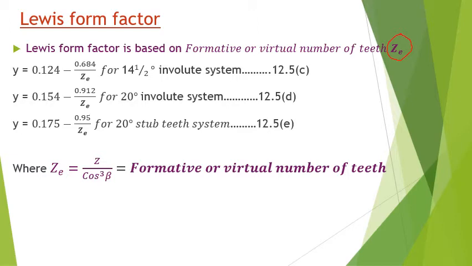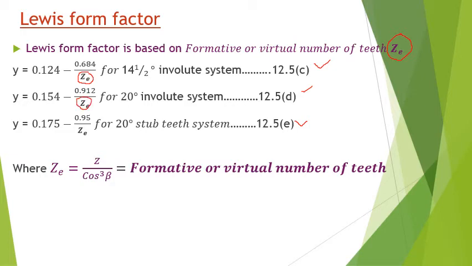So here the equation number 12.5c, 12.5d and 12.5e respectively are given for the 14.5 degree involute system, 20 degree full depth involute system and 20 degree stub teeth system, in which in place of Z we have to substitute the ZE, that is the virtual number of teeth for the helical gear.